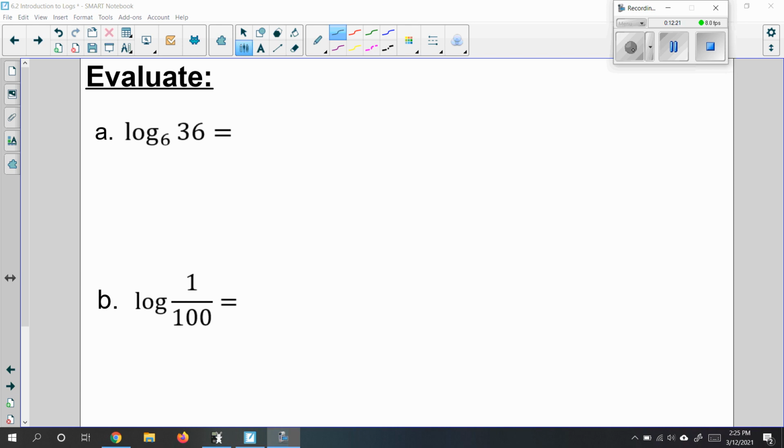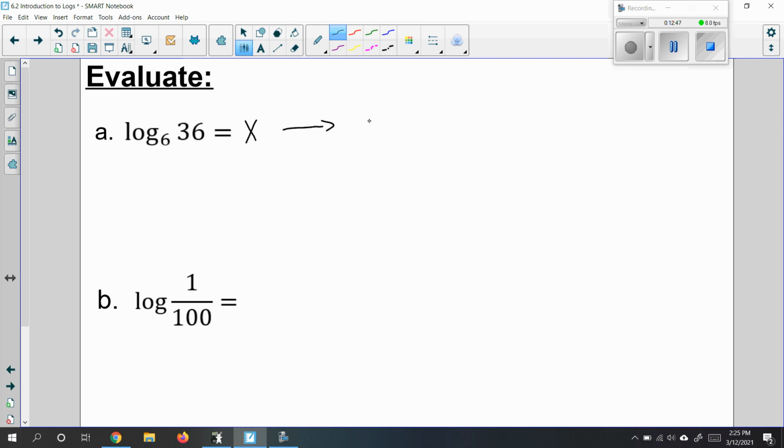Now I want to evaluate some logs. Log base 6 of 36. Let's try to evaluate this without the aid of a calculator. Well, this is equal to some unknown value, so I'm going to set it equal to x. What this is really saying is 6 to what power is 36? So let's write this as an exponential.